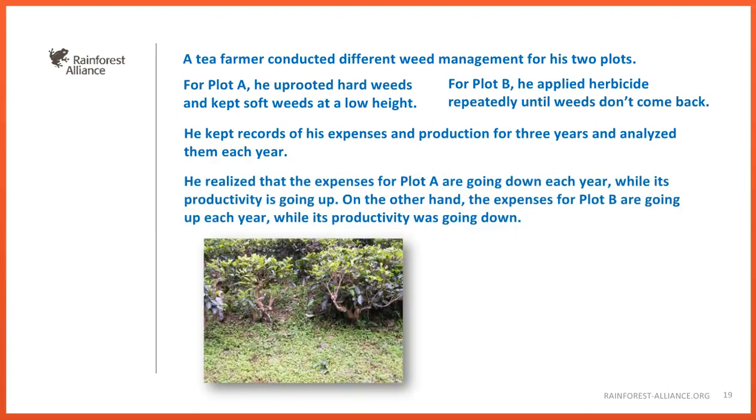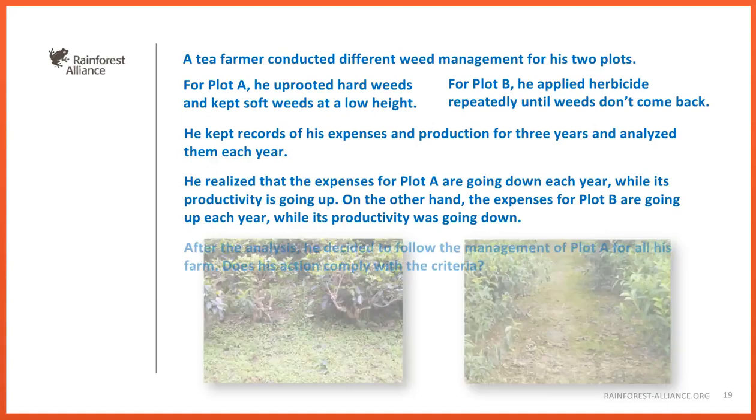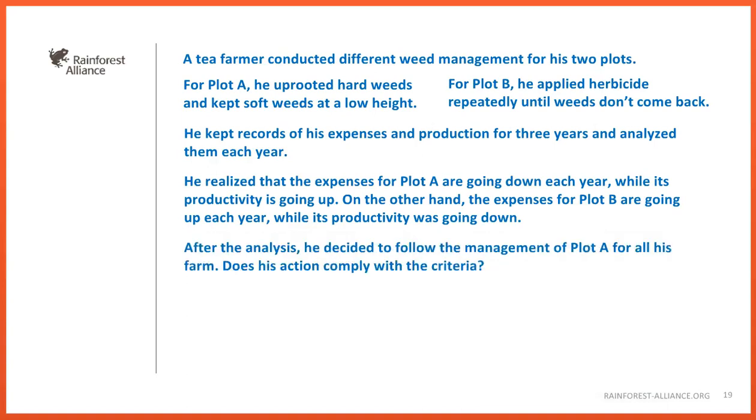He realized that the expenses for plot A are going down each year, while its productivity is going up. On the other hand, the expenses for Plot B are going up each year while its productivity is going down. After the analysis, he decided to follow the management of Plot A for all his farm. Does his action comply with the criteria?